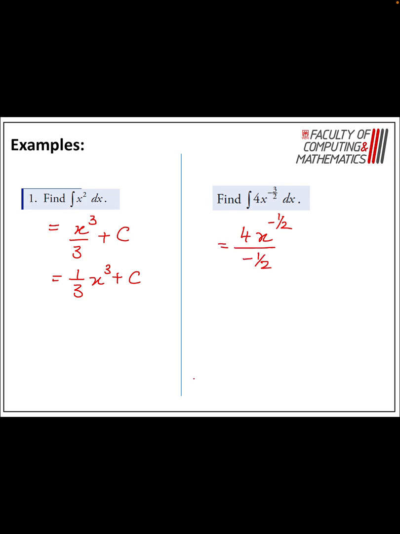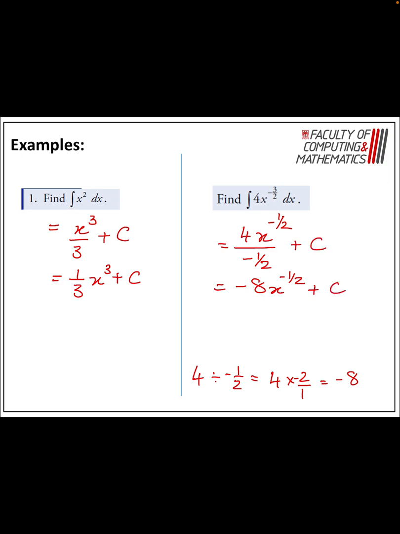Now if you've got 4 divided by negative a half, we'd never divide by a fraction, so you flip that fraction upside down and you multiply. So I would end up with negative 8 in there. So I would have minus 8 x to the power of minus a half plus c. I should really have my plus c in there as well.